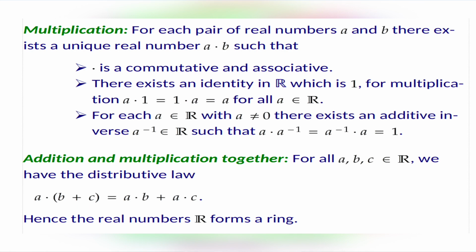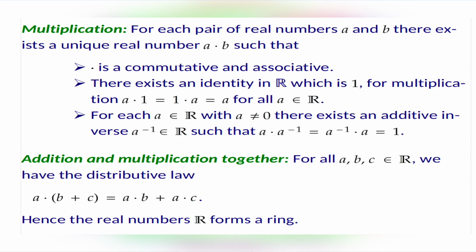There exists an identity in R which is 1. For multiplication, a dot 1 is equal to 1 dot a is equal to a for all a belongs to R. For each a in R with a not equal to 0, there exists an inverse a inverse in R such that a dot a inverse is equal to a inverse dot a is equal to 1.